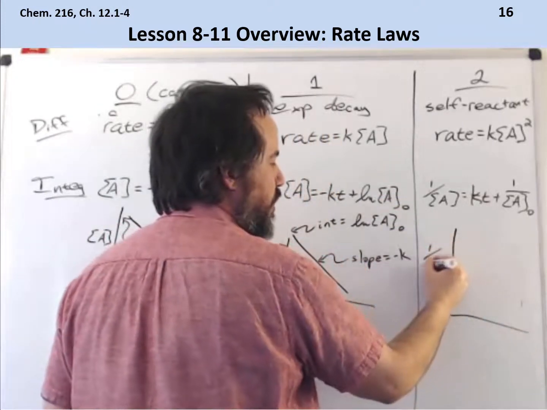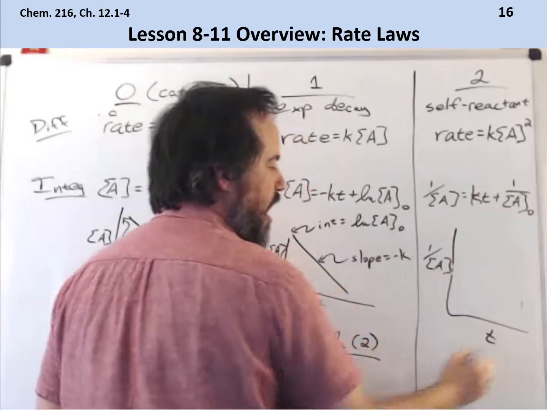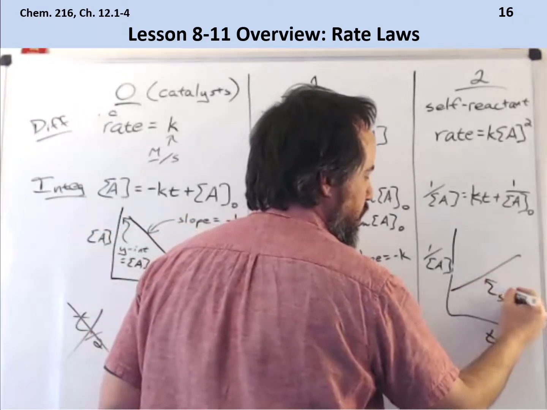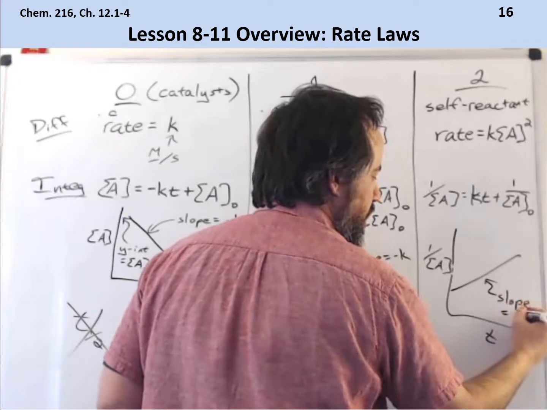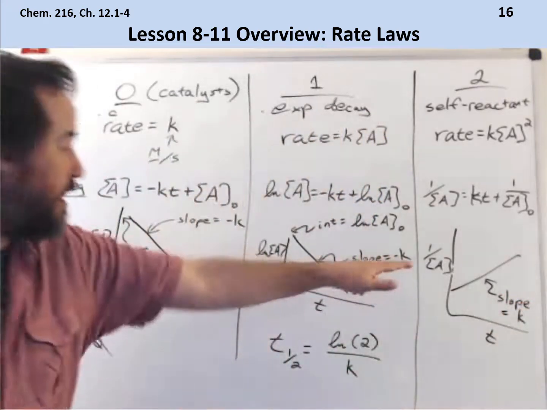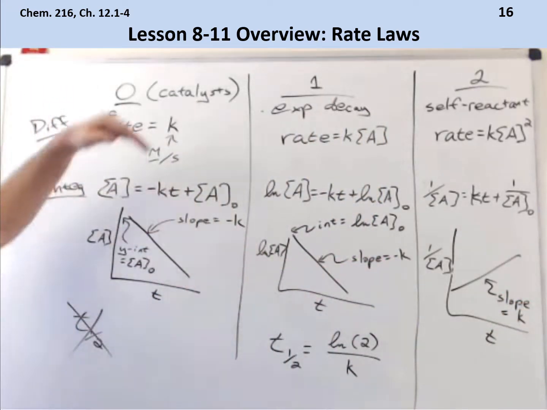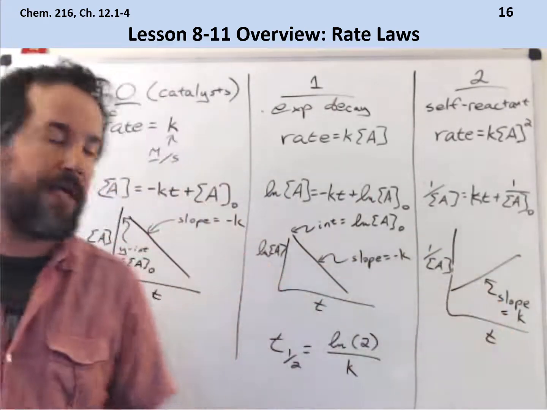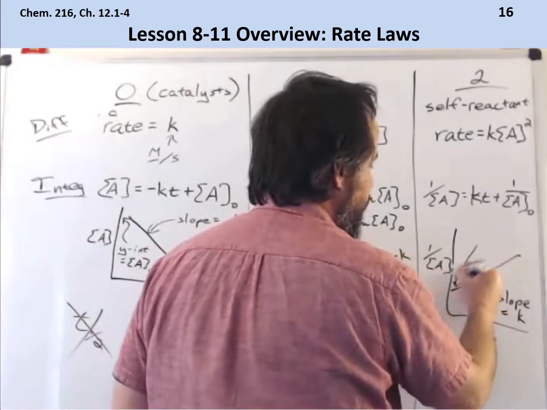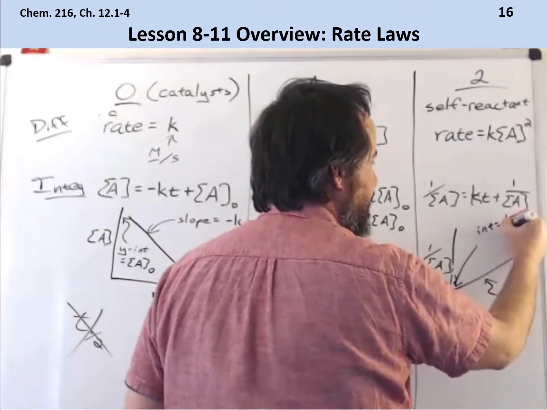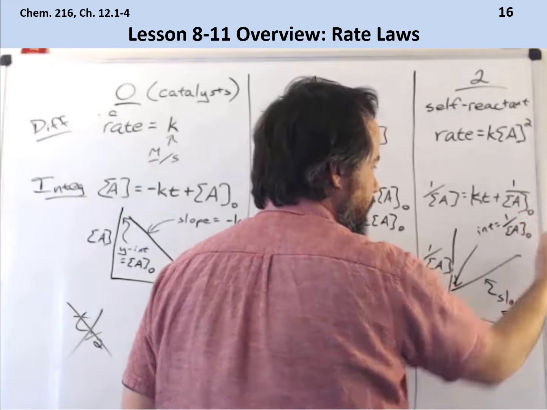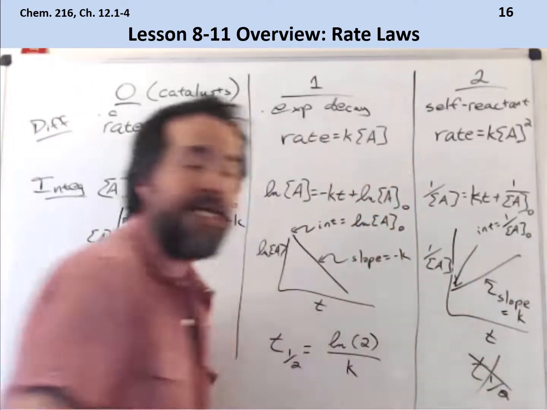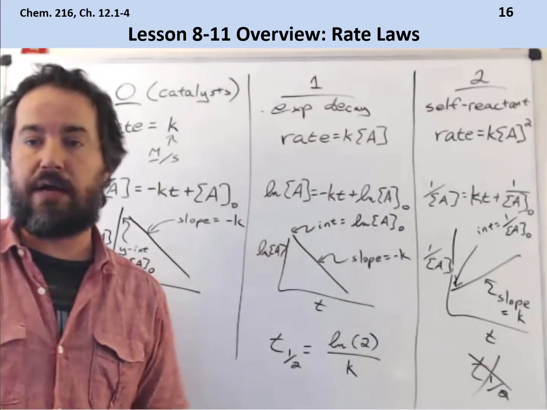Now if I plot 1 over [A] versus time, the slope is just equal to k. The first two had negative k, hence why the slopes were going down. This has a positive slope, and the y-intercept is 1 over [A]0. The half-life for this, we don't really care because it varies depending on the concentration.